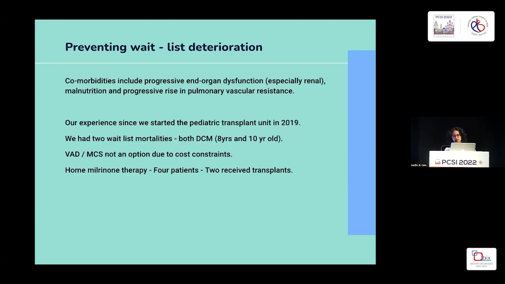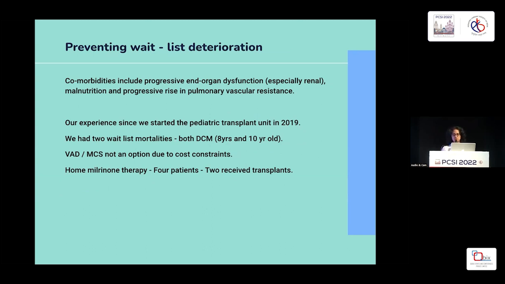Preventing waitlist deterioration, as I said, is a very important aspect. In our experience, since we started the pediatric transplant unit in 2019, we had 2 waitlist mortalities in the initial phase. Both were DCMs. One was an 8-year-old and one was a 10-year-old, and it was quite frustrating waiting for an organ.